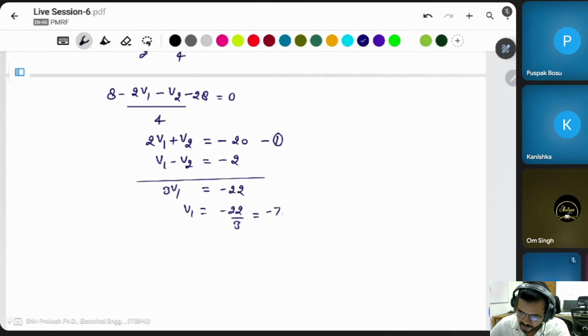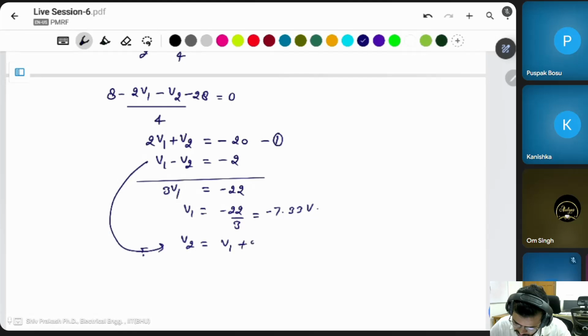This will be minus 7.33 volt. And what is V2? In this case, we take V2 is equal to V1 plus 2. If we add this one, then this will be minus 5.33 volt.